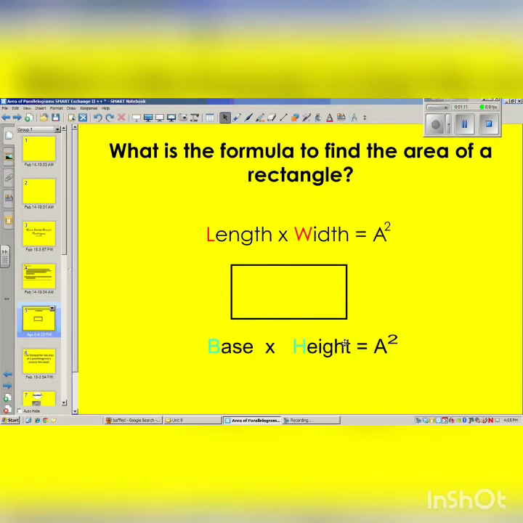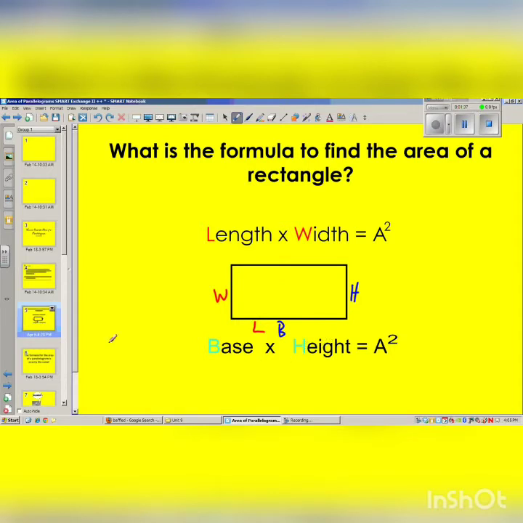Length is usually the longer side, width the shorter. The base is usually the side on the bottom, and the height is the side that is going vertically. Base usually is horizontal, height vertical.